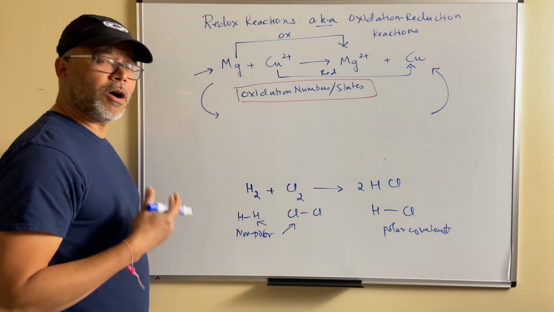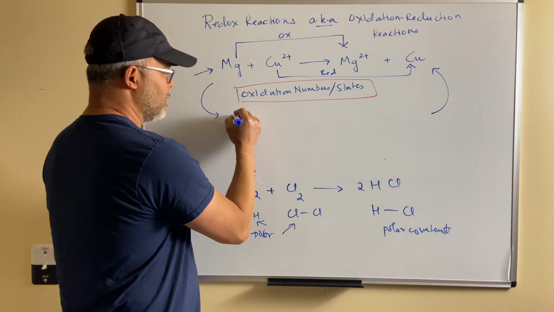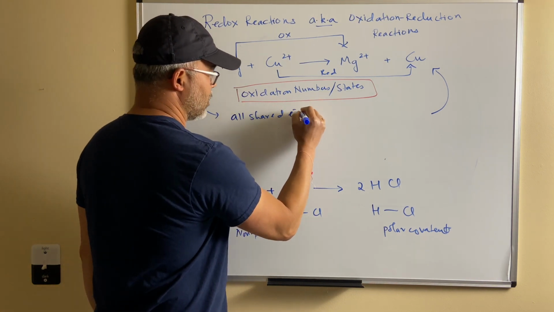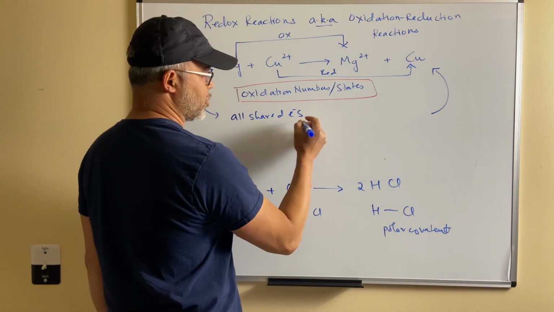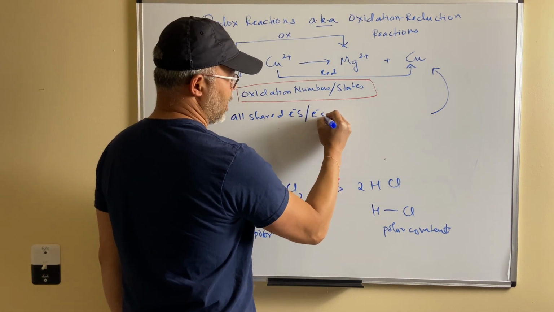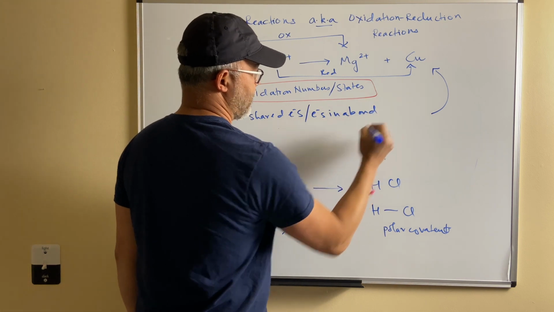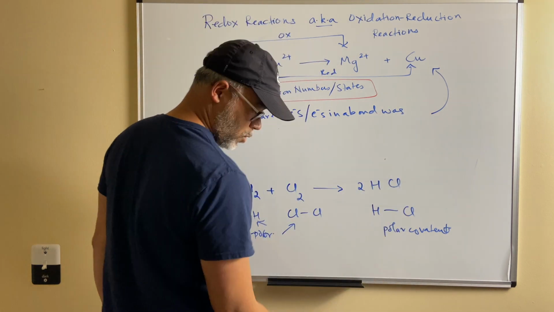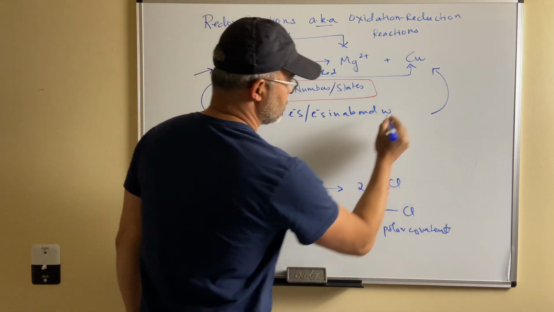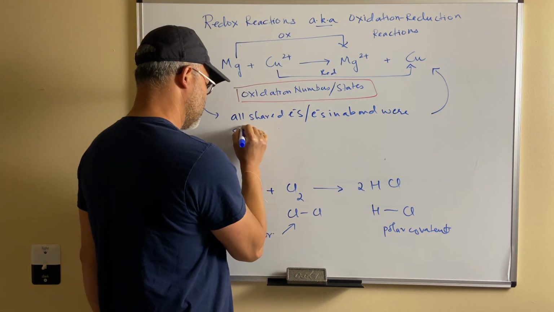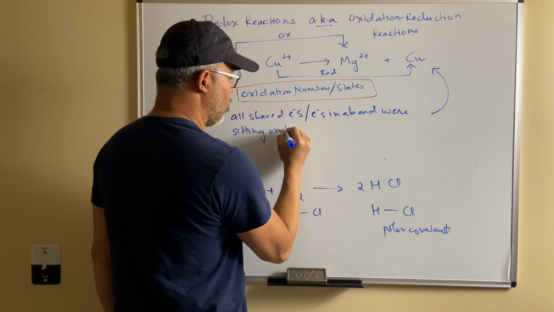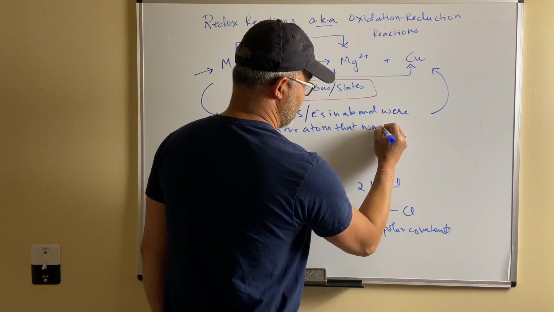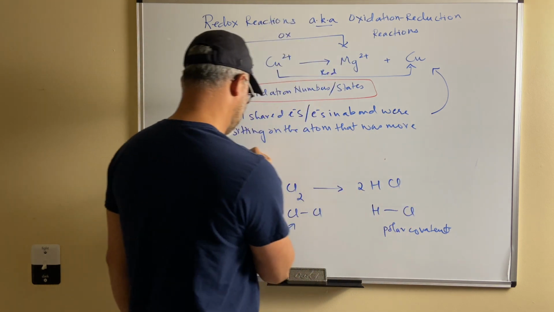The oxidation number, oxidation state, would be a state where if all shared electrons, and I'm going to qualify this by saying all electrons or electrons in a bond, because it could be plural, were sitting on the atom that was more electronegative.